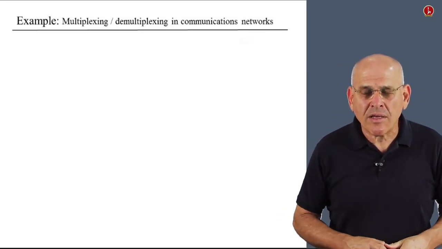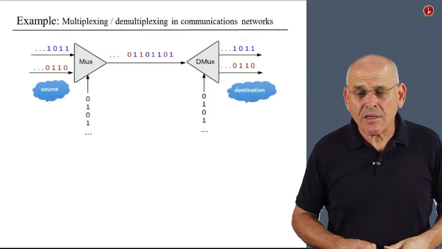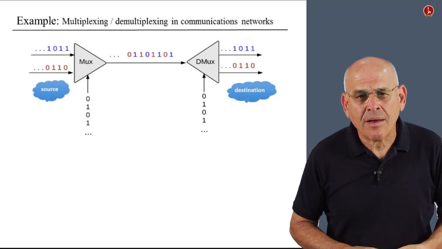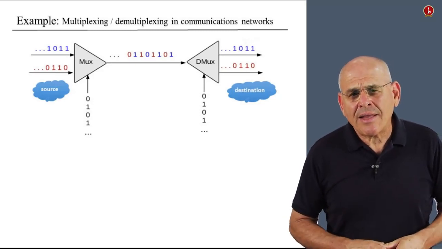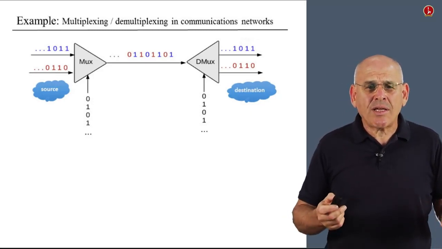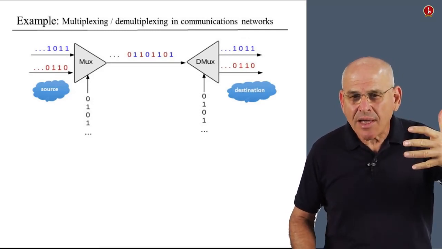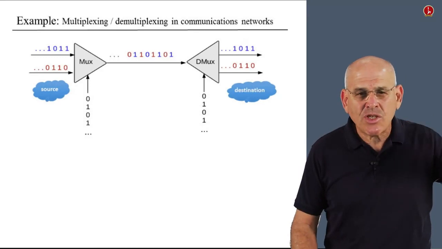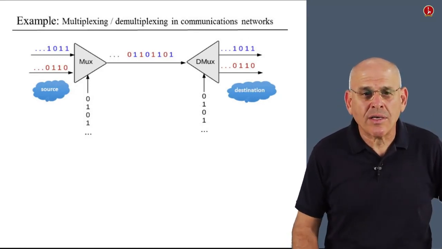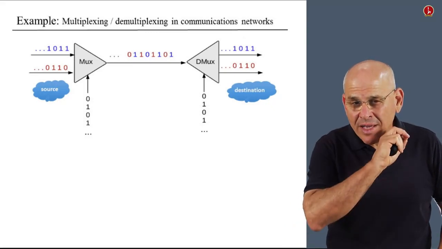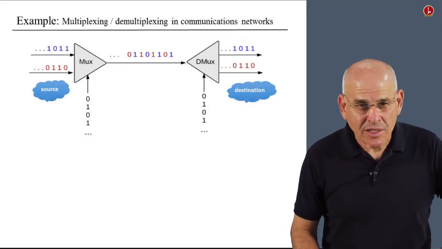All right, I'd like to give you an example of how multiplexing and demultiplexing can come into play in the context of communications networks. So here's a typical situation in building a network. We may have several channels coming in, let's say channels of music or several movies that we want to send over a single communications line.